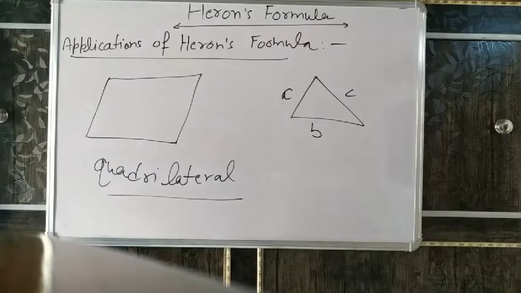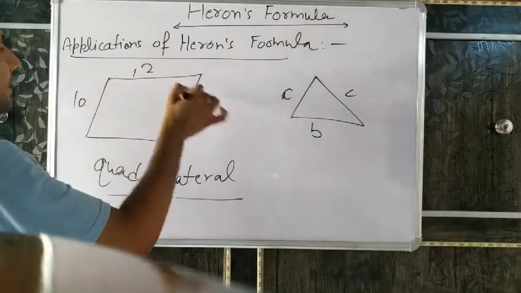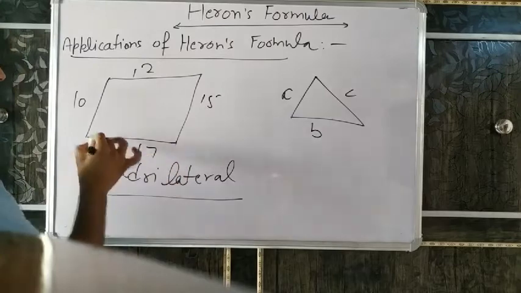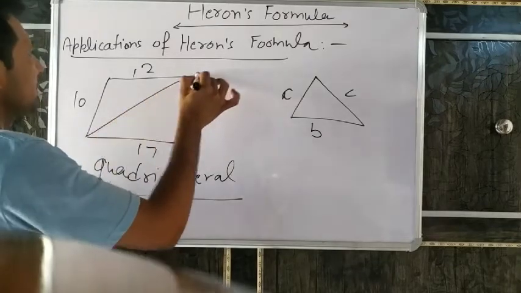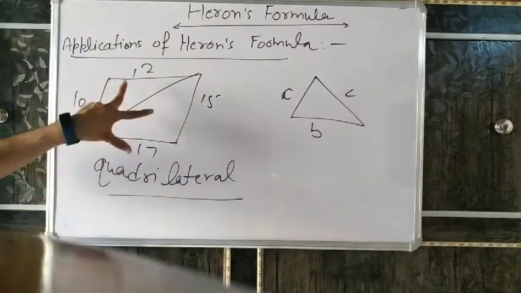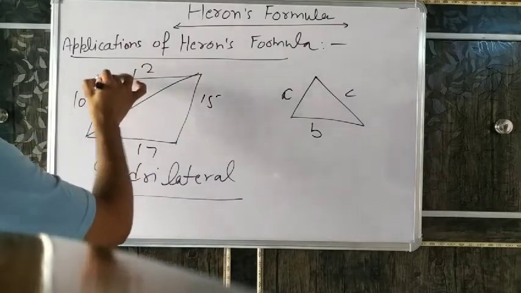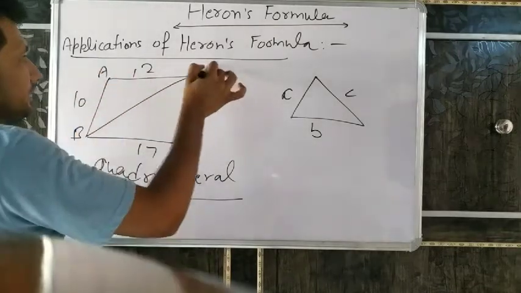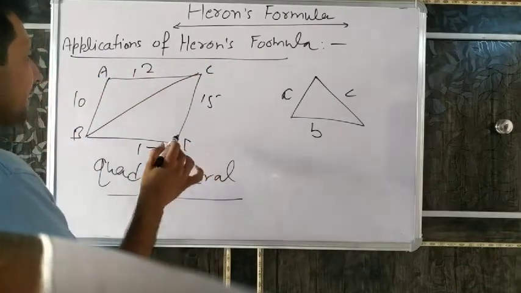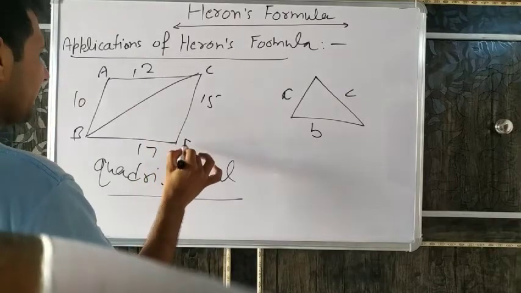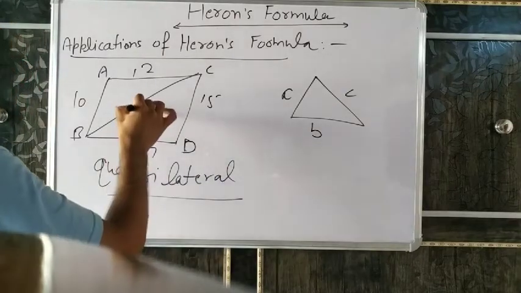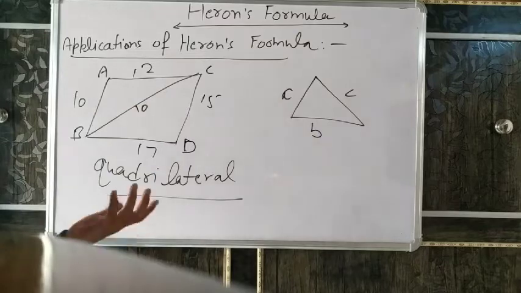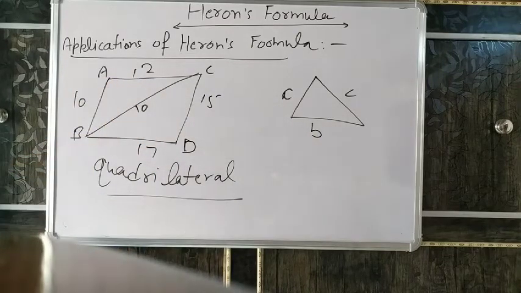How will you find it? Suppose the sides are given as 10, 12, 15, 17. We can divide this figure into two parts: first triangle ABC, and then triangle BDC. Suppose this side is 10 centimeter. Now can you find the area of the quadrilateral?